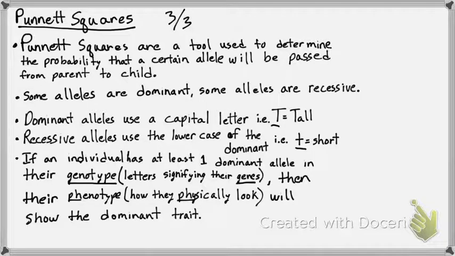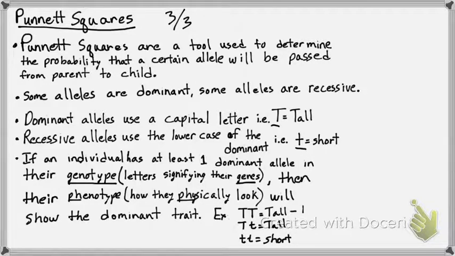Then if they have at least one dominant allele, they will show that dominant trait. So example would be, if you have two dominant alleles, you are tall. If you have a dominant allele and a recessive allele, you are still tall. Only if you have a pair of recessive alleles would you be short.